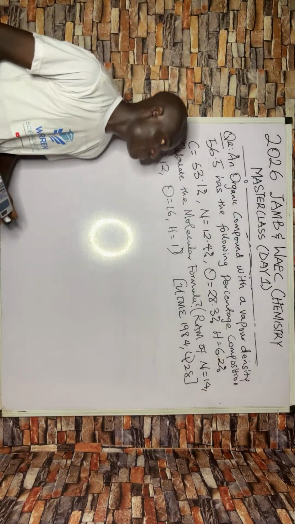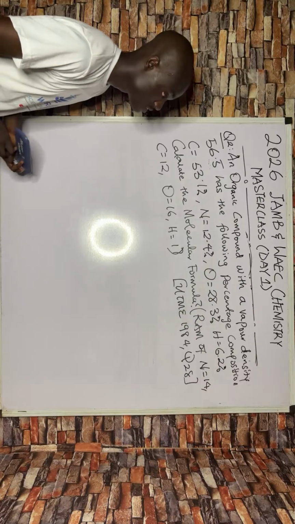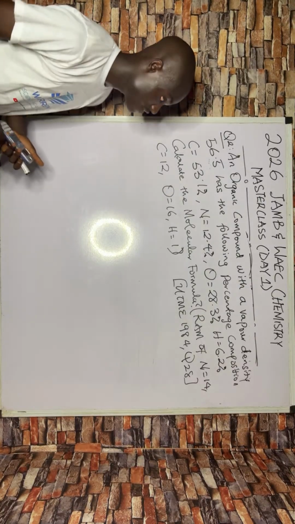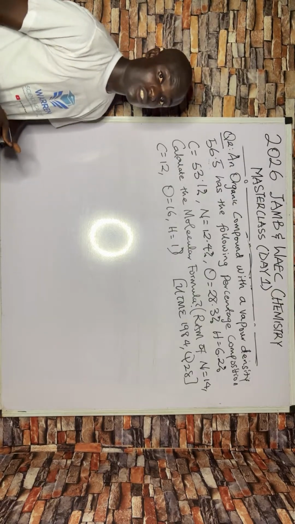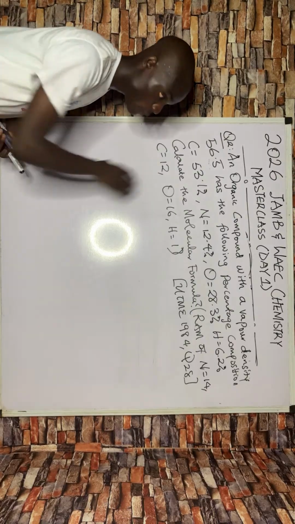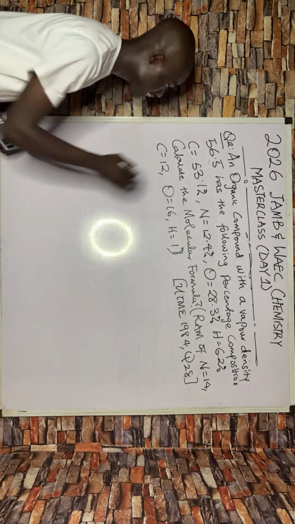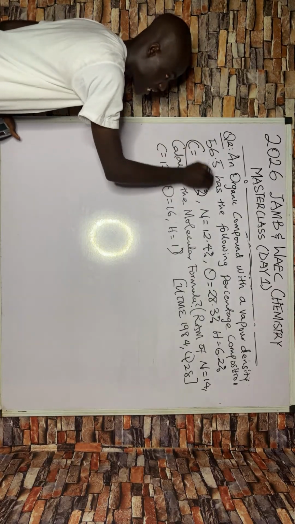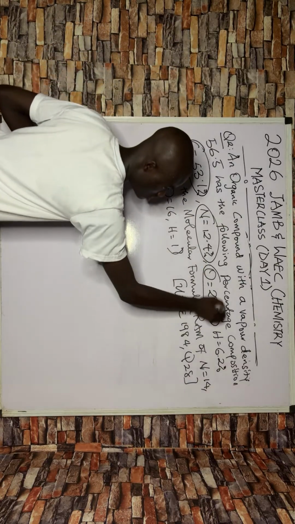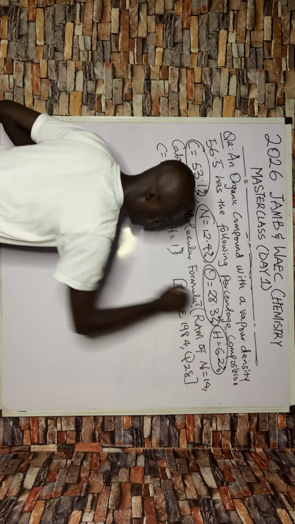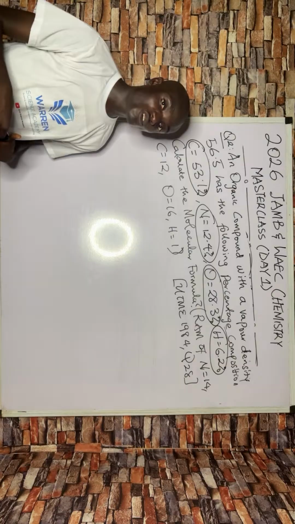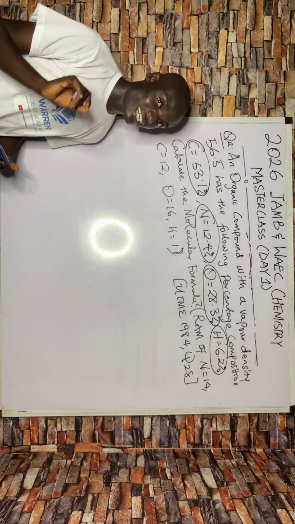So we are going to attempt this question, which is a question on molecular formula. When given a question like this, the first thing you ought to do is to identify the elements involved. When you read through, we find that the elements involved are carbon, nitrogen, oxygen, and hydrogen. This is a beautiful question, especially when you have a good knowledge of organic chemistry.